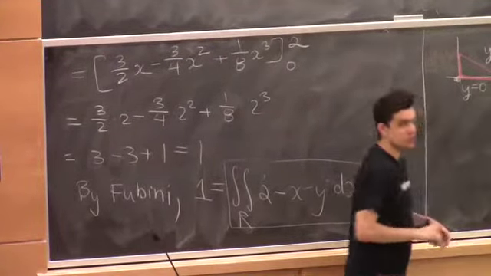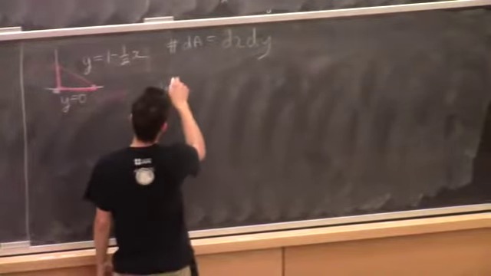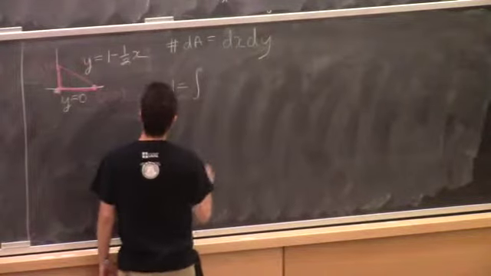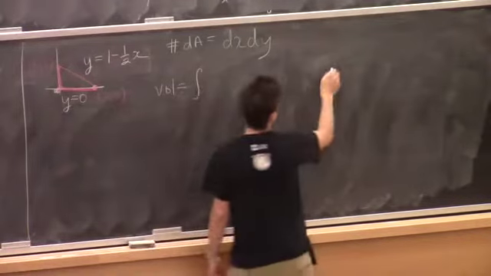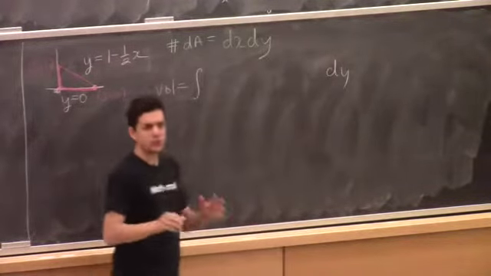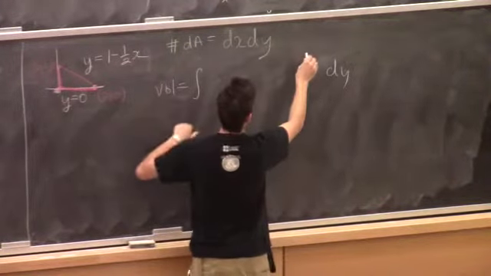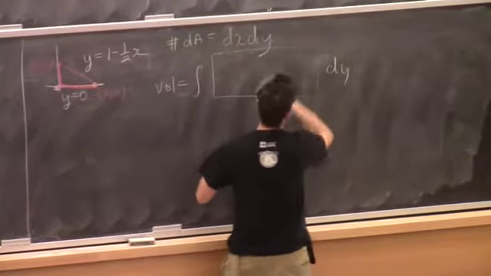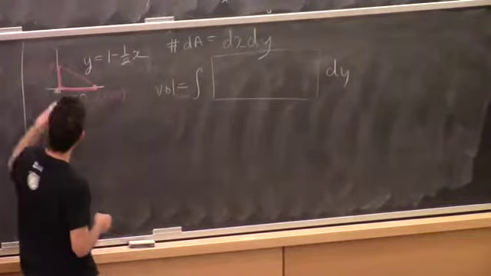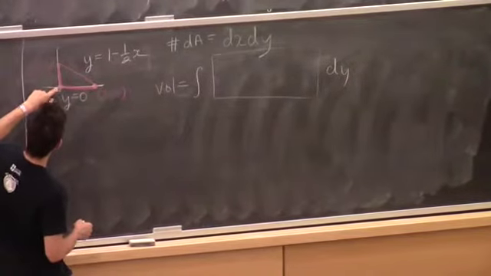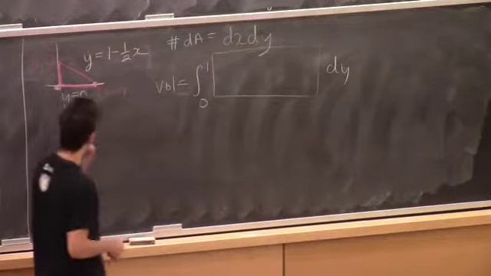Okay, so to do the volume calculation in the other order, we want to go first in y. And just notice the way that I'm setting these up on the board. I look at this last guy and I think of filling in a big box here. So I write my outer integral, figure out where y is running. So y will run from 0 to 1.